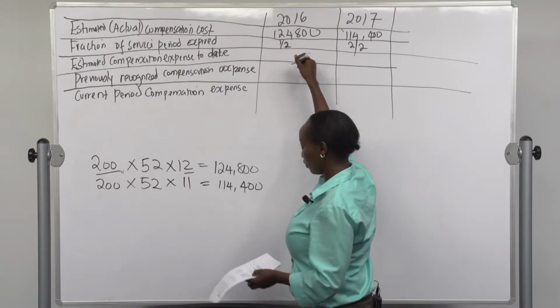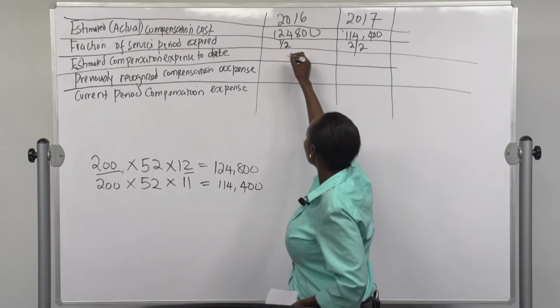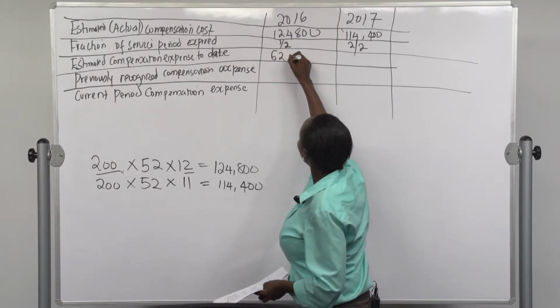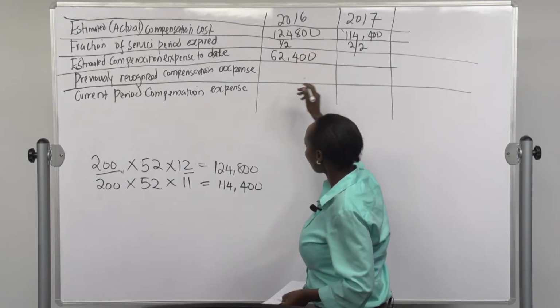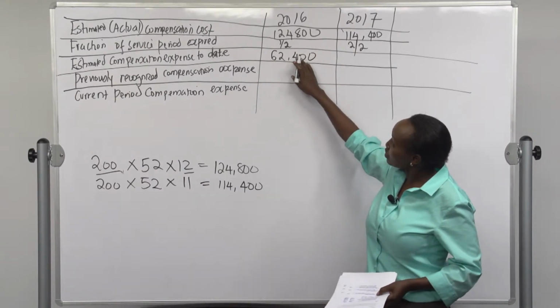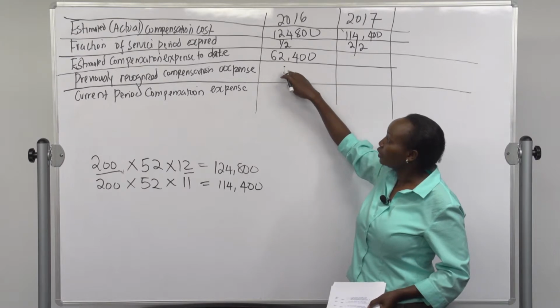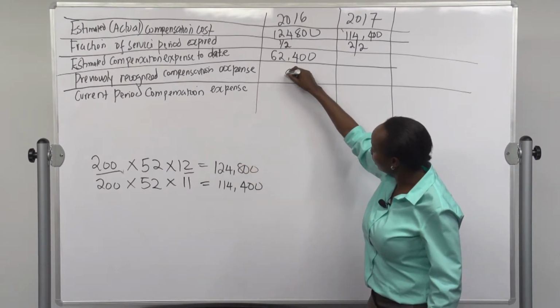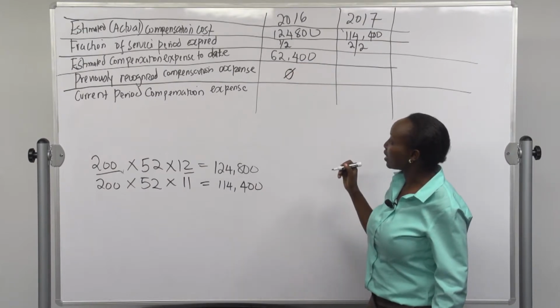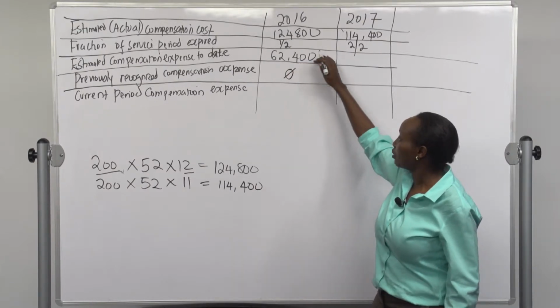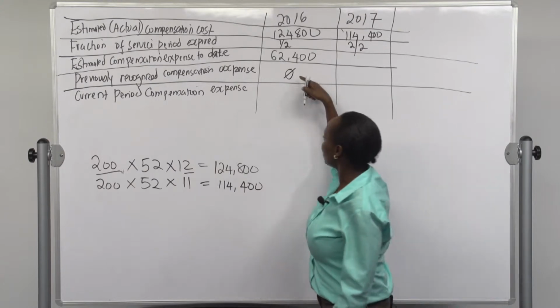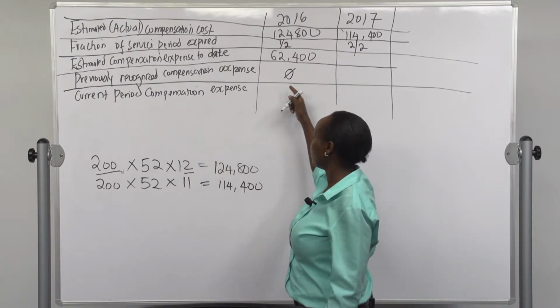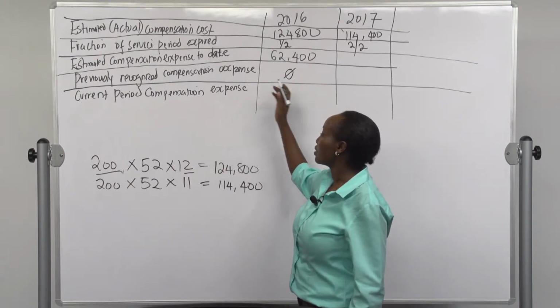Half of the estimate gives us $62,400. Since this is the start of the plan, we did not recognize anything yet.